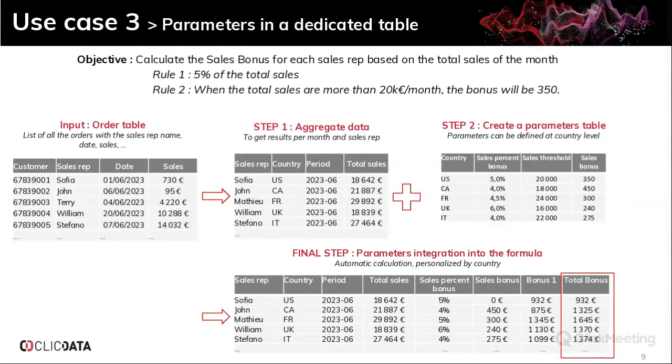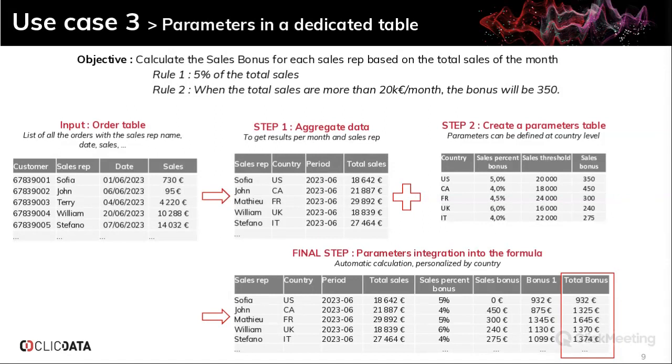So here's the concept, and now let's see how it will work really in a data model for this case. On the top, just as a reminder, are our 2 rules to calculate the bonuses. In this case, usually what we will have is an order table, because the first step will be to calculate the total sales per month for each sales representative.